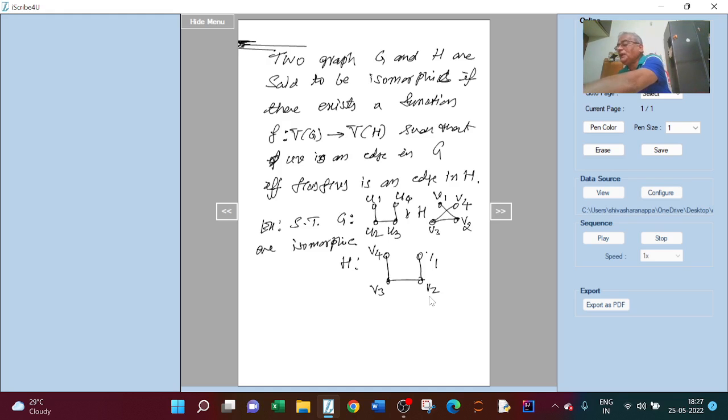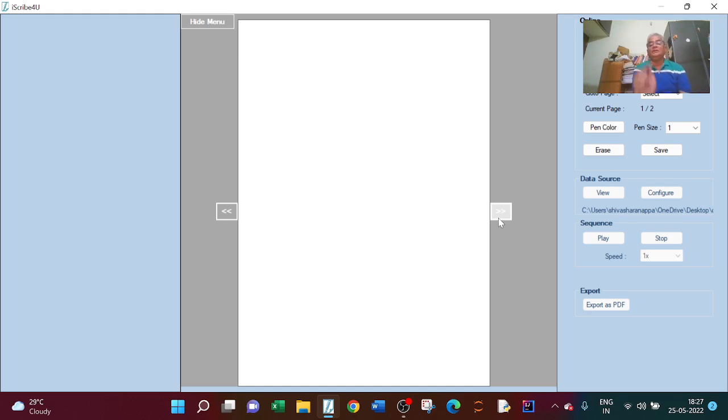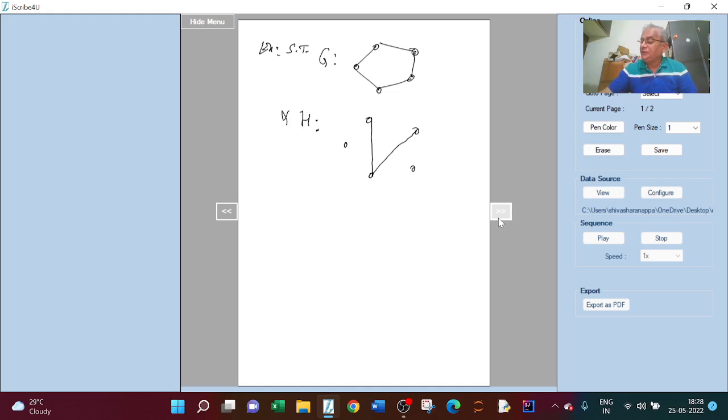Let's take another example. Show that G, a cycle of length five, and H, with vertices 1, 2, 3, 4, 5 joined like this, are isomorphic.